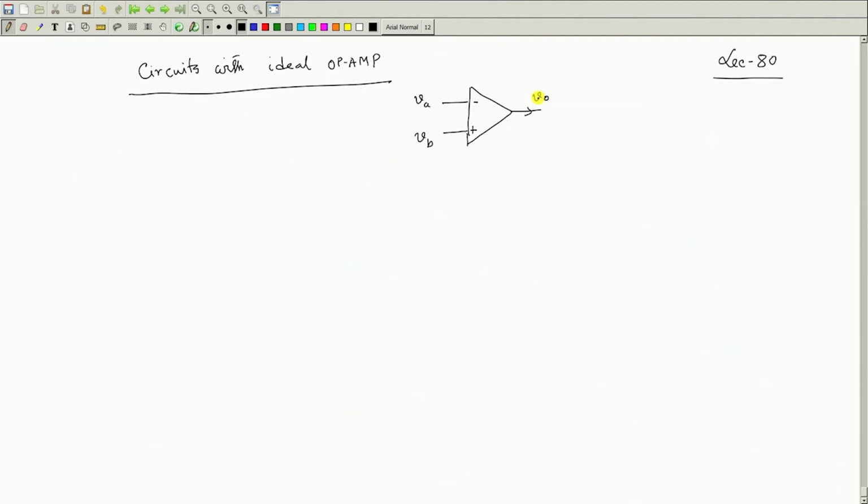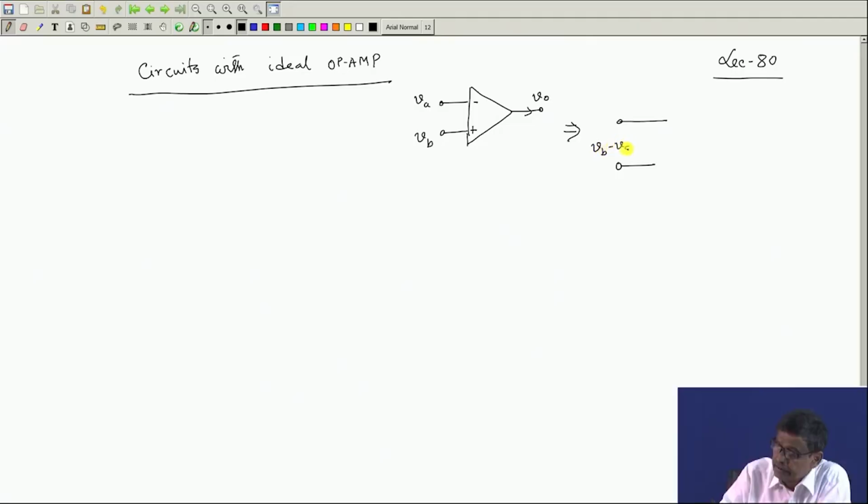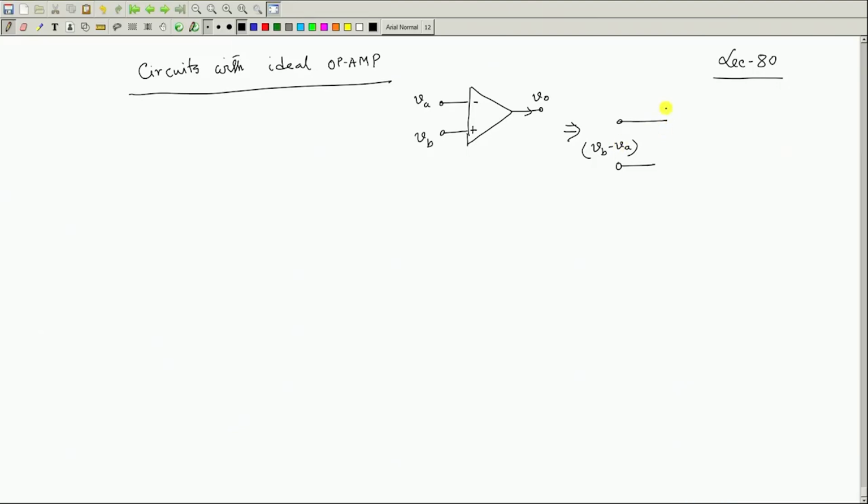But you should not forget that it is a differential amplifier, and its equivalent, looking at these 3 points, is that the voltage applied across these two terminals is VB minus VA, and this voltage will be amplified.